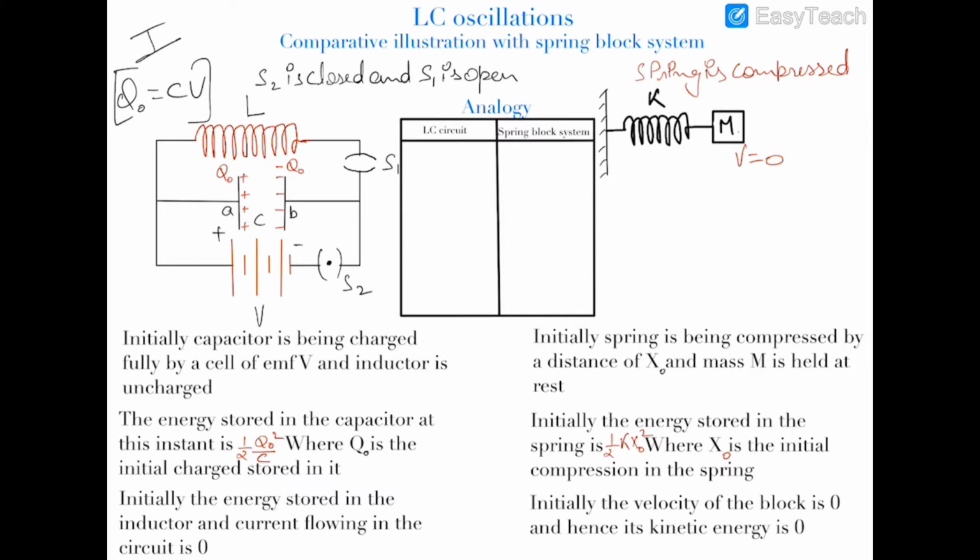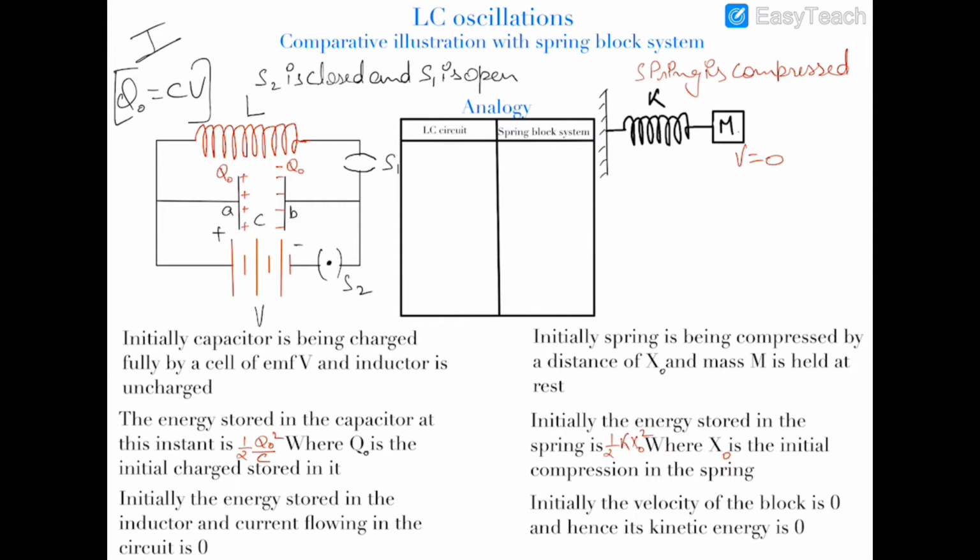So this is the initial system, and to start the circuit of LC oscillations, we have to disconnect the switch S2 and we have to connect the switch S1, but this would be done on the next page.